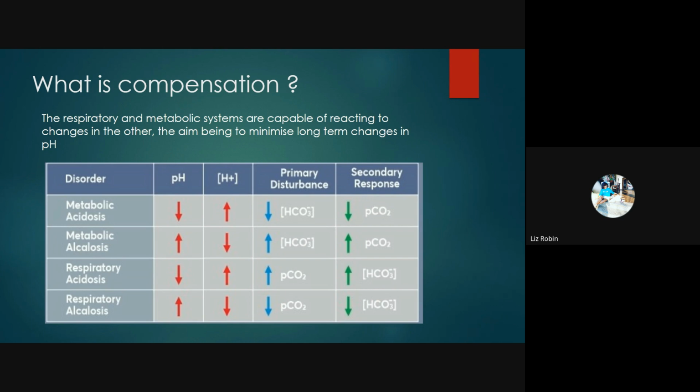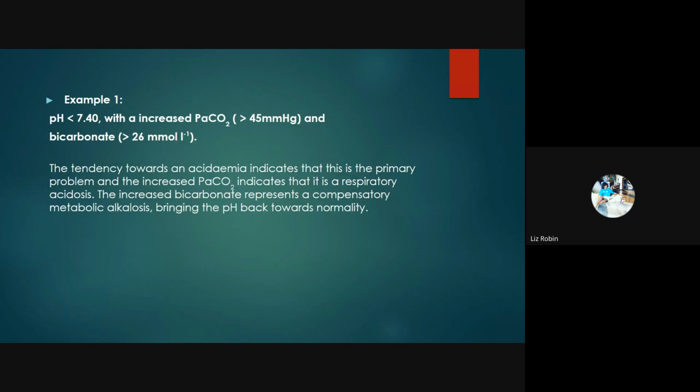Okay, moving on. Let's take an example. Now you come across a patient whose pH is, say, near 7.4, but his PCO2 levels are increased. I told you the normal PCO2 we'll be taking today is 40. So his PCO2 is 45. And as a result, the bicarb is also increased. So let's take a pH of less than 7.4.